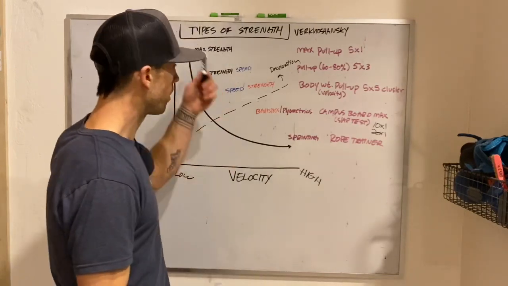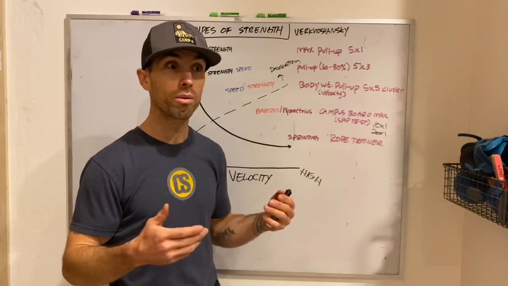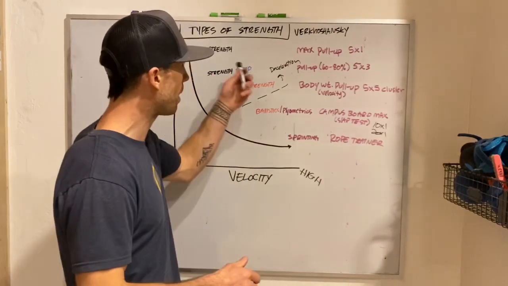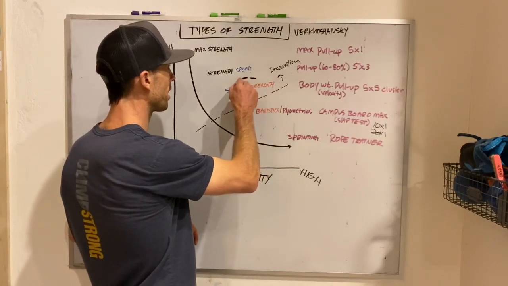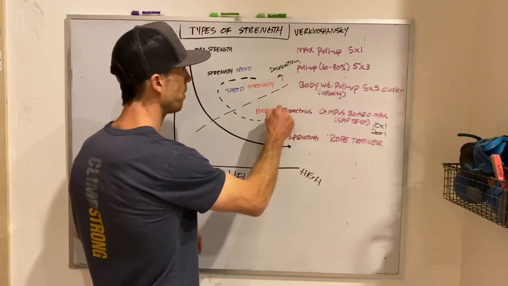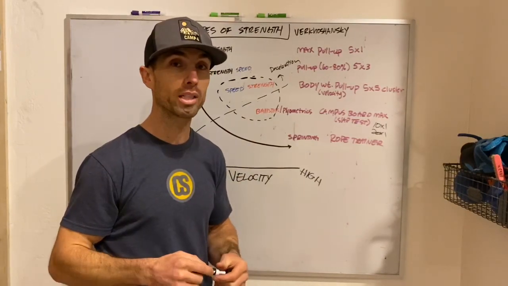So here's a better understanding of strength and how it gets confused, because you say power, where's power in this graph? Power is somewhere in the middle range right here, where optimal sports performance happens. That's a really important concept to understand.